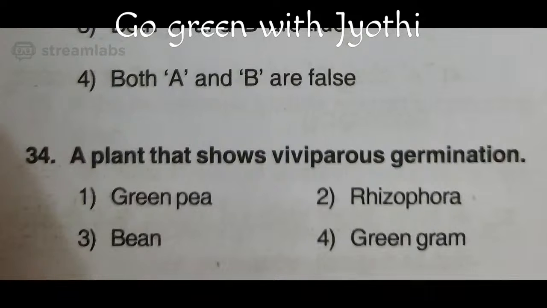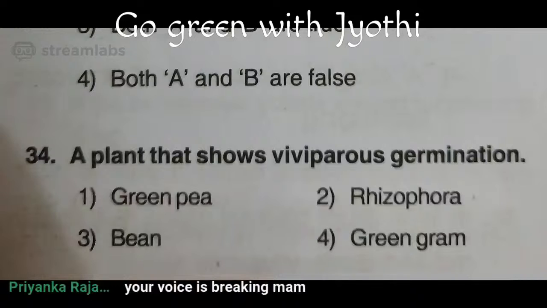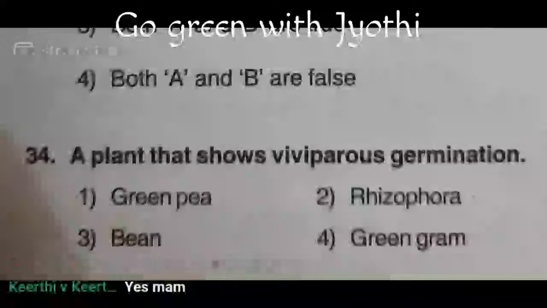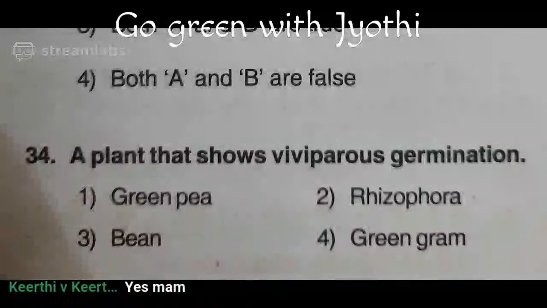In your villages, think. Viviparous germination. Do you find this type in green peas, rhizophora, bean or green gram? Where do you come across it?